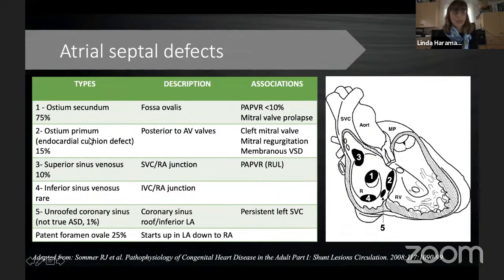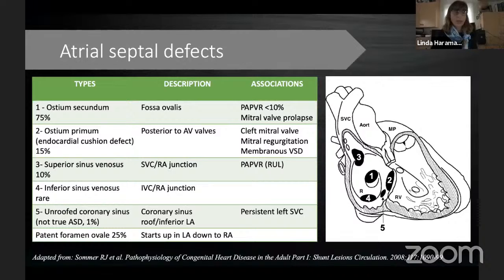And number 2, primum defect, which is in the spectrum of endocardial cushion defect, which can be more severe. It comprises about 15% of ASDs, and we see it here posterior to the AV valves. It's frequently associated with a cleft mitral or left AV valve leaflet, regurgitation, and associated ventricular septal defect.